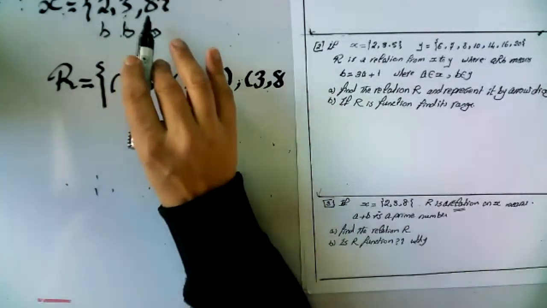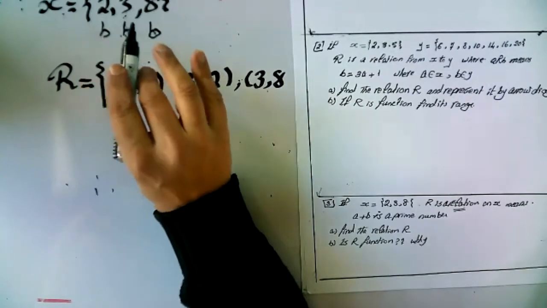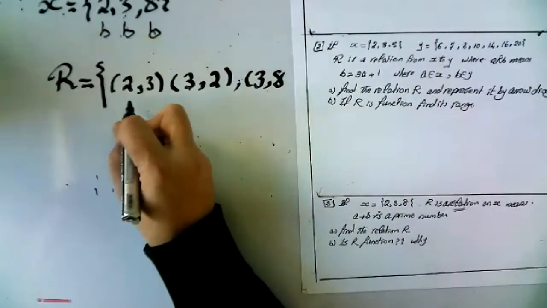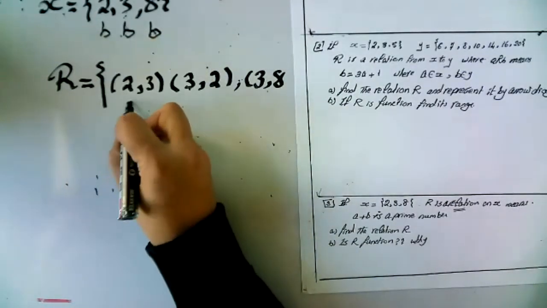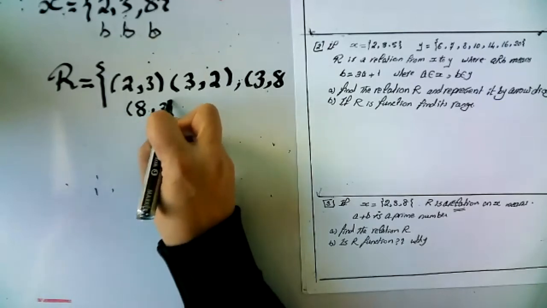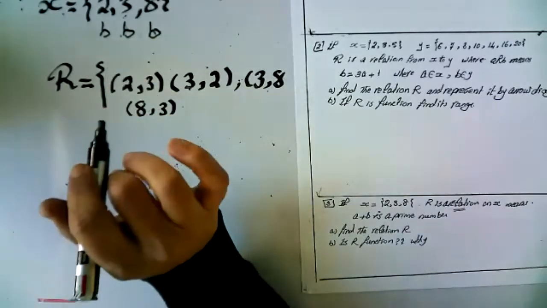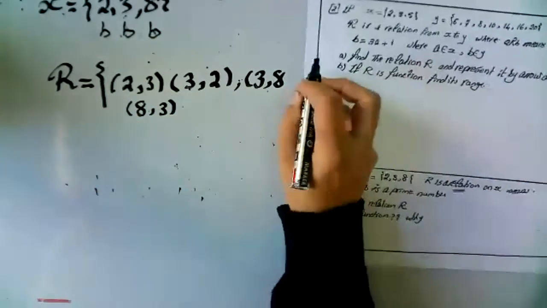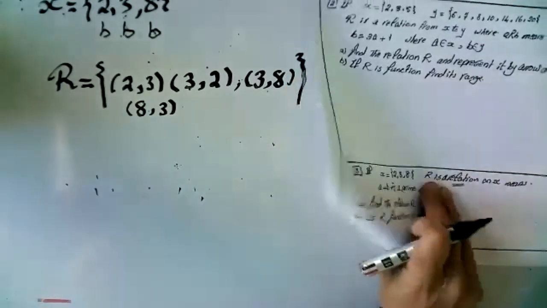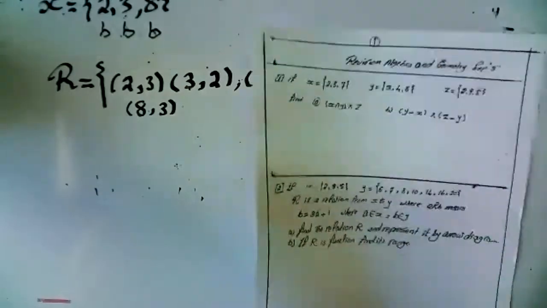Now 8. 8 plus 2 is 10. 10 is not a prime number, so it doesn't satisfy the relation. 8 plus 3 is 11. Then (8, 3) satisfies the relation. 8 plus 8 is 16, which doesn't satisfy the relation. Then the ordered pairs which satisfy the relation are (2, 3), (3, 2), (3, 8), (8, 3).